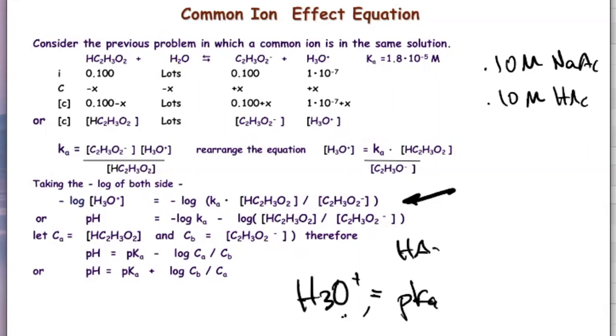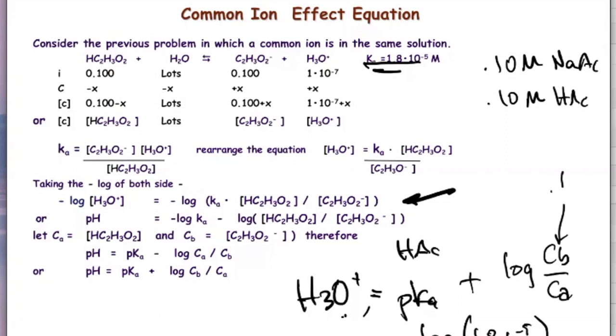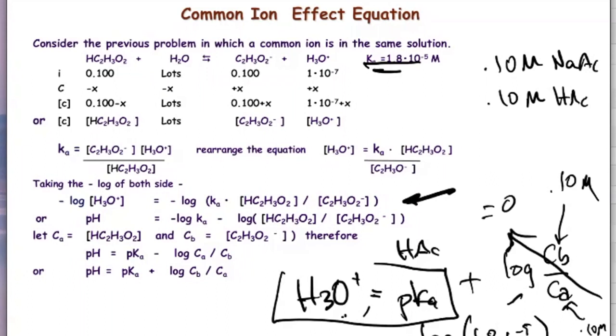And the pKa of acetic acid is the negative log of 1.8 times 10 to the minus 5 plus the log of the base over the acid. And this was 0.10 molar, and this was 0.10 molar. And so the log of 1 is equal to 0. So the pH here is equal to the pKa.